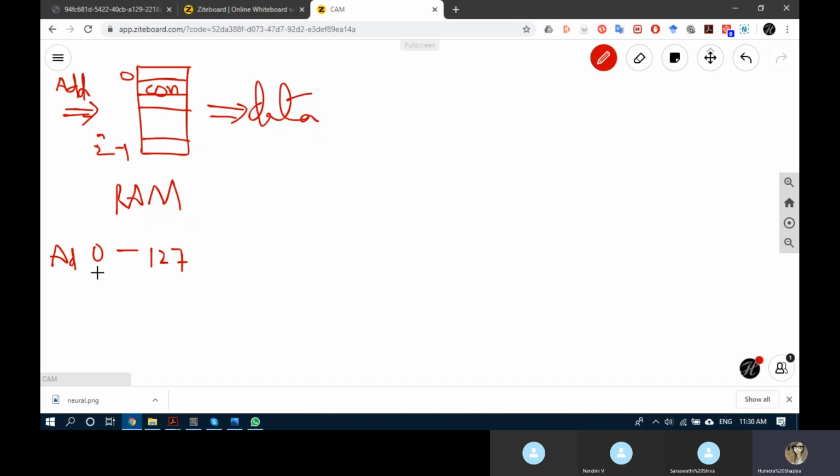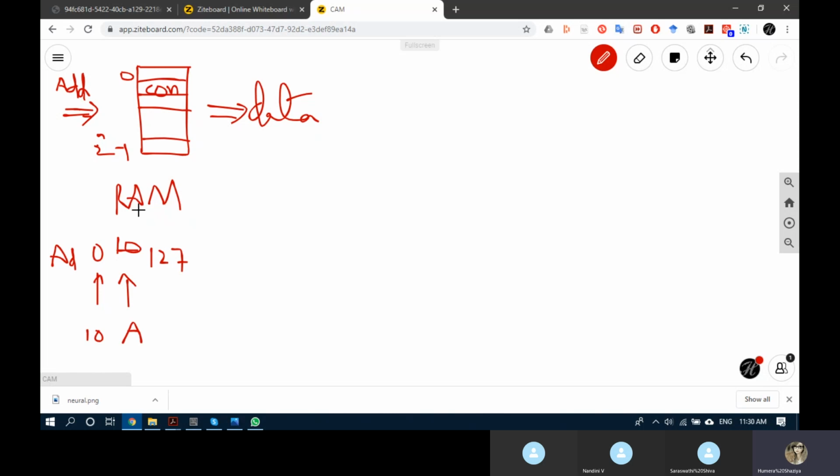At the 0th location, if you have data 10, and I give input as 0, the output is 10. Suppose at location number 10, A is stored. If I give input as 10, the output is A. Essentially, random access memory takes in the address and gives out the content stored at that address.